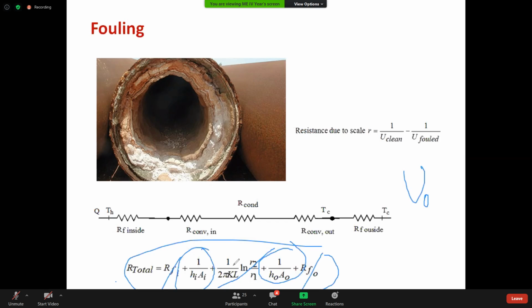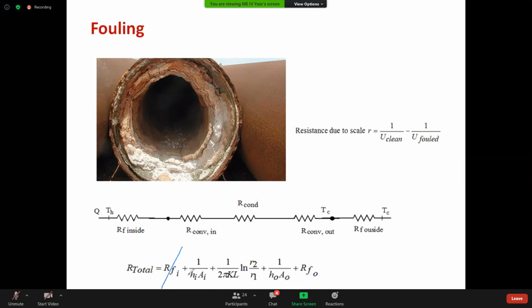When the thermal conductivity by chance is given, inner and outer radius will also be given. You include this also, but this resistance is very less, negligible, so they will neglect. Right, if the fouling inside and outside is given, add cheyandi. If he says remove outside fouling, అనుకోండి. ఇలాంటి ప్రాబ్లం ఇచ్చినప్పుడు calculate R total separately. After calculating R, go for calculating U and then substitute in the equations.